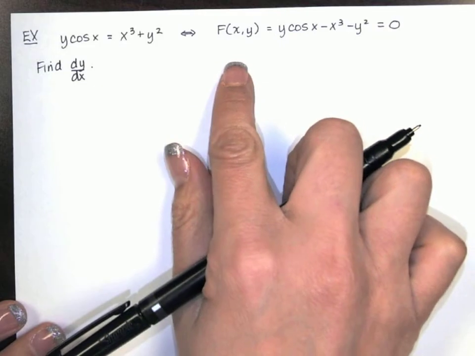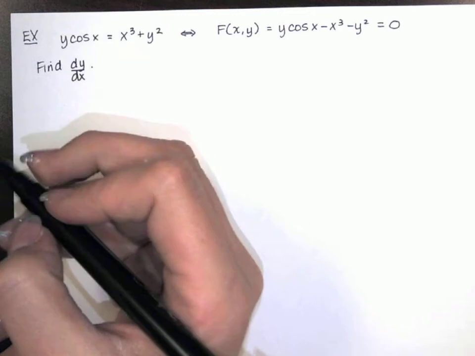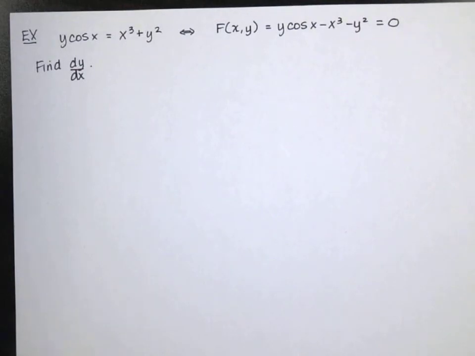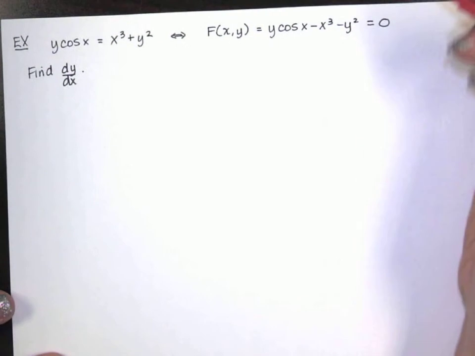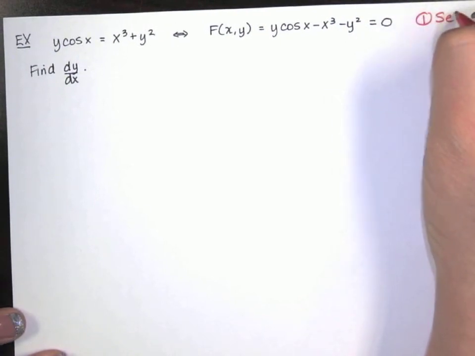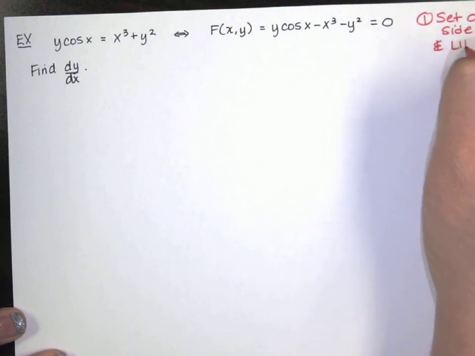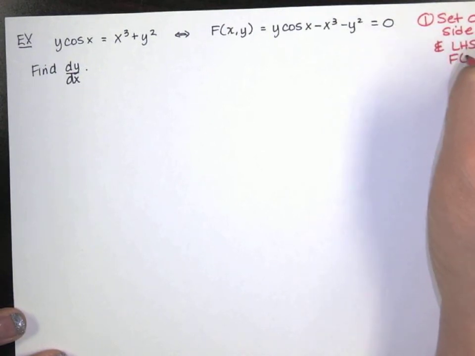Now I just need to take the two partials. Let's write down what we're doing. Set one side equal to 0. And then the left-hand side should be defined to be f of x, y.